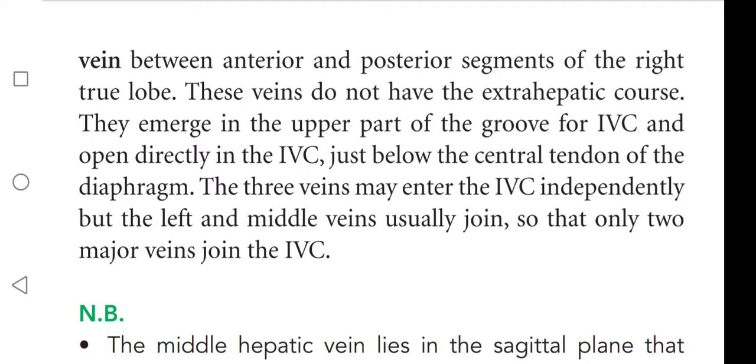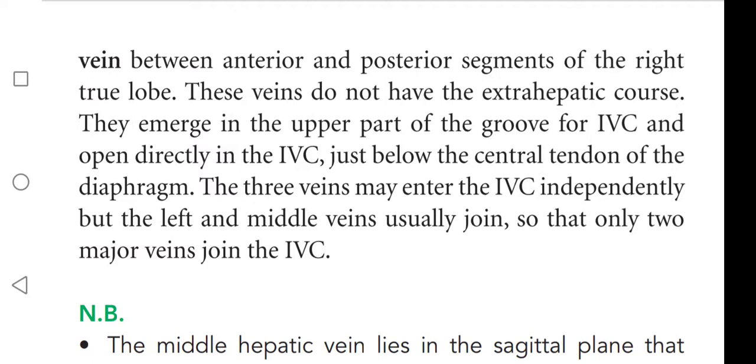The three veins may enter the inferior vena cava independently, but the left and middle veins usually join, so that only two major veins join the inferior vena cava.